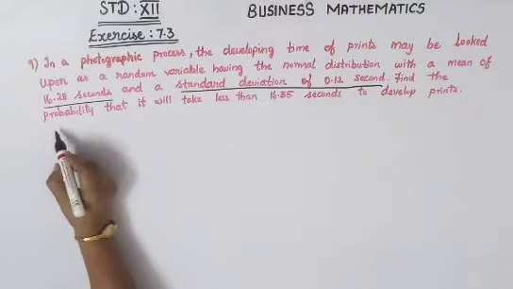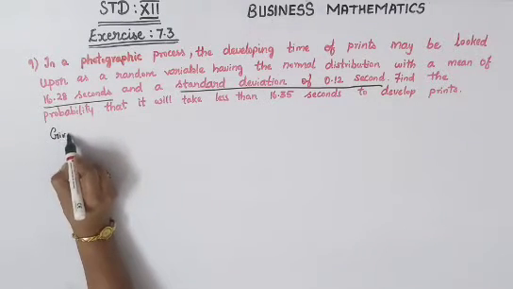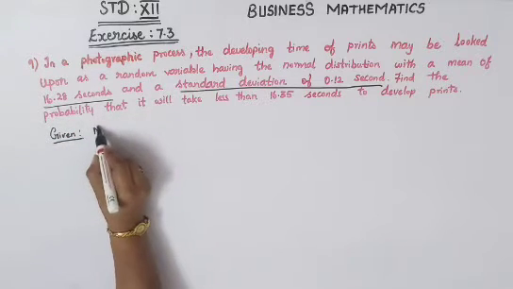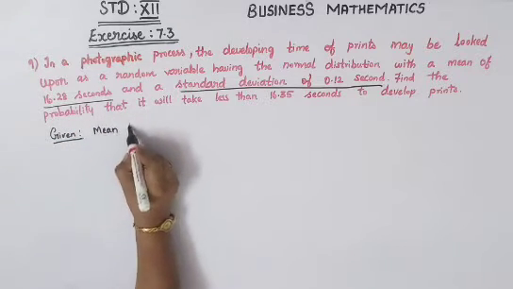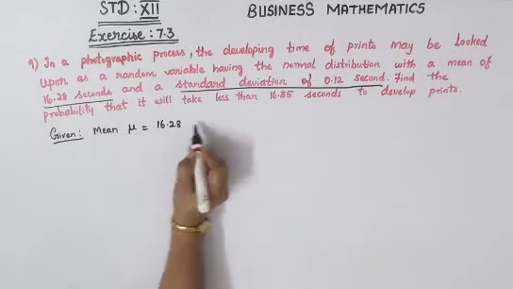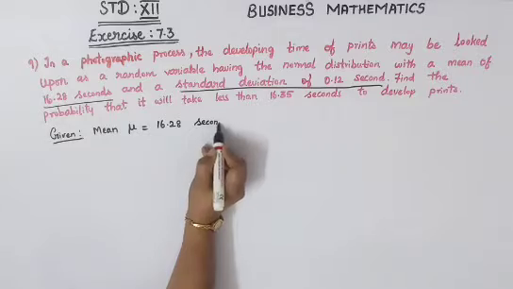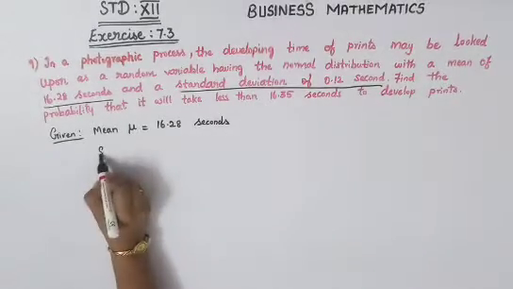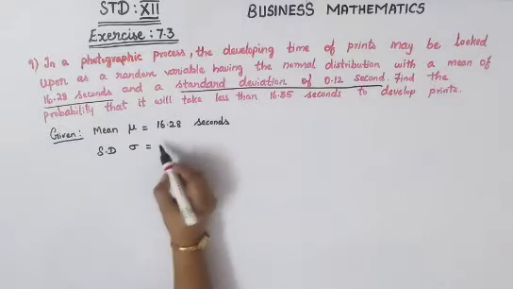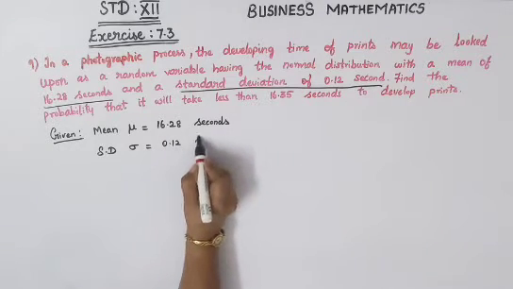Okay, so given, the mean is 16.28. So mean mu is equal to 16.28 seconds, and the standard deviation sigma is equal to 0.12 second.